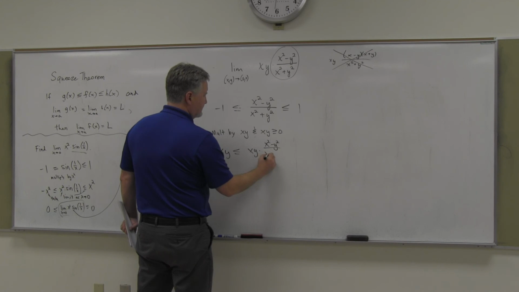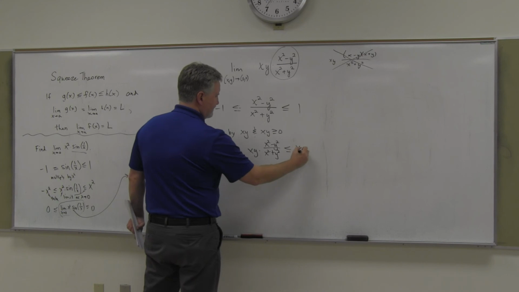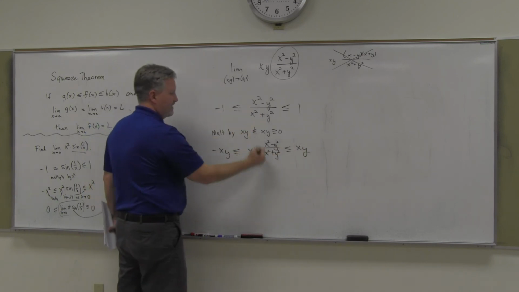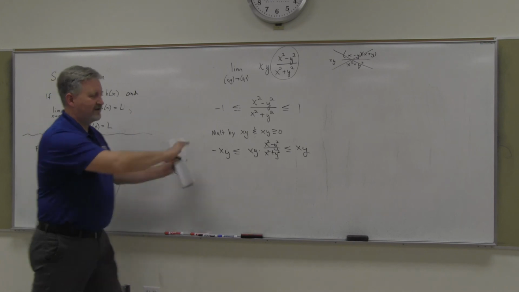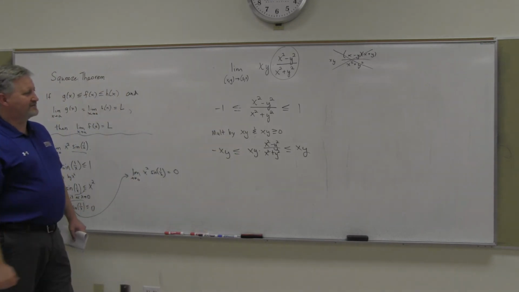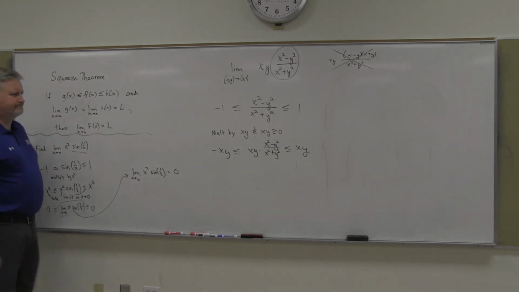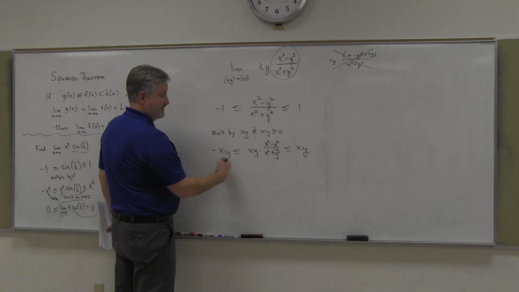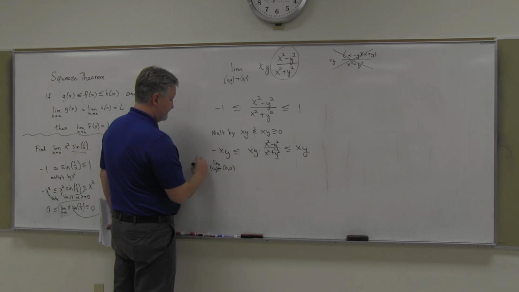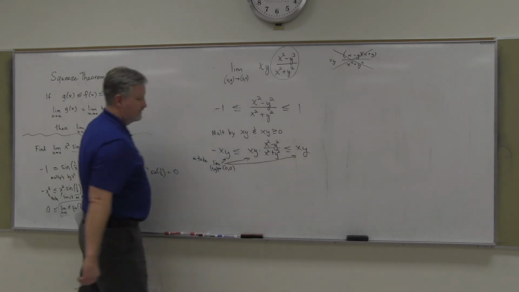So I'm multiplying by xy on all sides: that times xy, that times xy, and that times xy. The inequality doesn't change because xy is greater than or equal to 0. I didn't have to do that over here because it was x squared, which is always positive. Now look at that. Take the limit as (x, y) approaches (0, 0). What do we got?